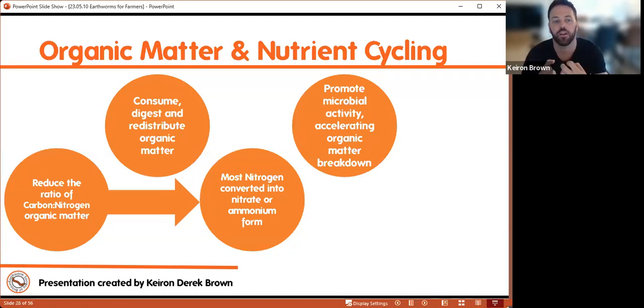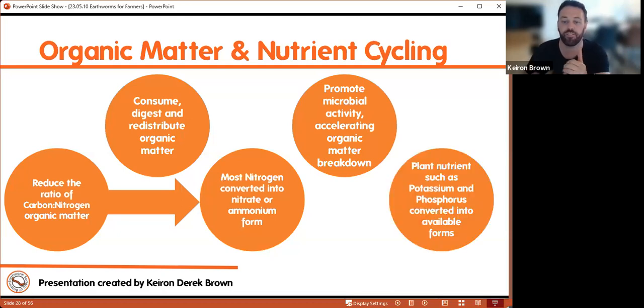So they're making chemicals more available to plants. And the same can be said for things like potassium and phosphorus as well. So if you've got earthworms toiling away in your soil, they're going to make chemicals that would otherwise be unavailable to plants, but that are needed by plants, they're going to convert them into an available form.